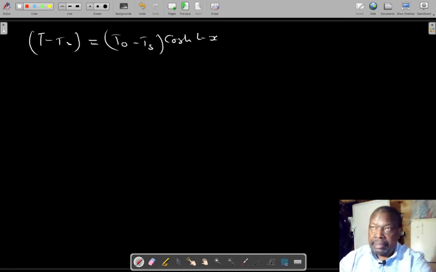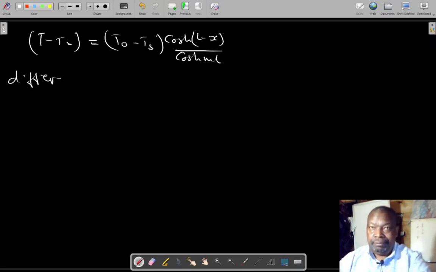This implies that T minus Ts is equal to (T naught minus Ts) cos hyperbolic (L minus x) over cos hyperbolic mL.